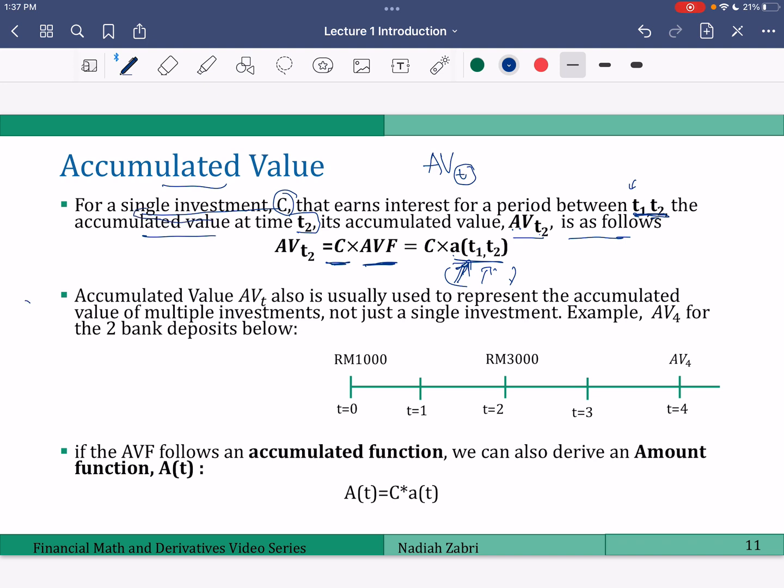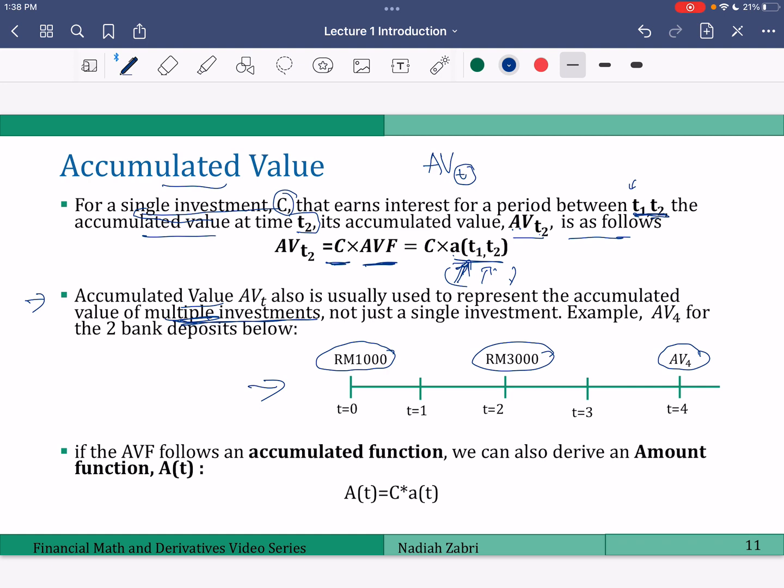I want to highlight that accumulated value is often calculated for multiple investments, not just a single cash flow, but multiple cash flows. Let's see an example here. We have two cash flows: one deposit at time 0 and one deposit at time 2. Find the accumulated value at time 4 for these two deposits.